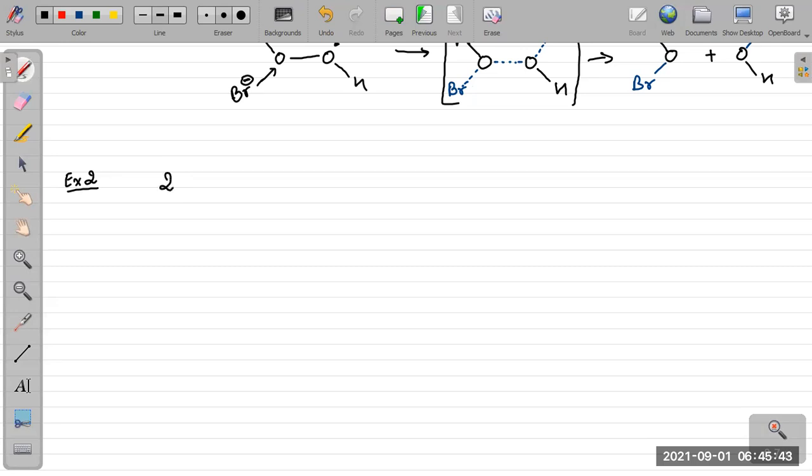There is another reaction, 2NO2 plus F2 reacts to produce 2NO2F.